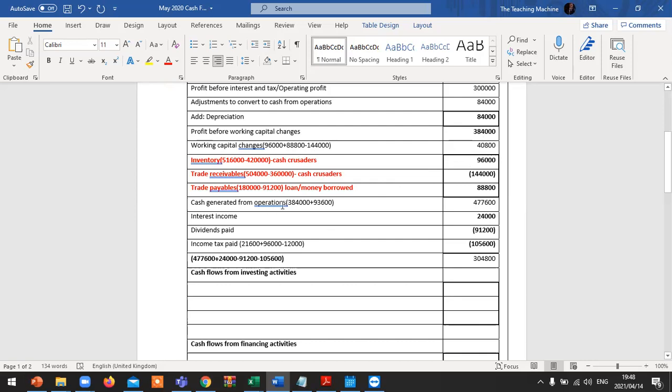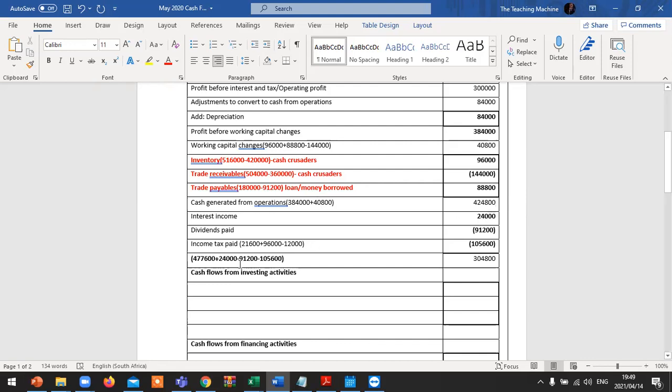Then to get cash generated from operations, we say 384,000 plus 40,800. How much should be the total? 424,800.